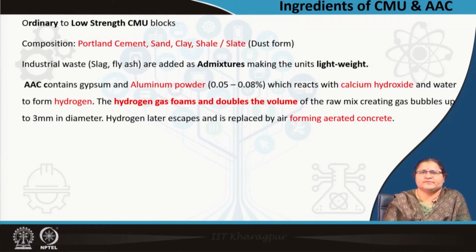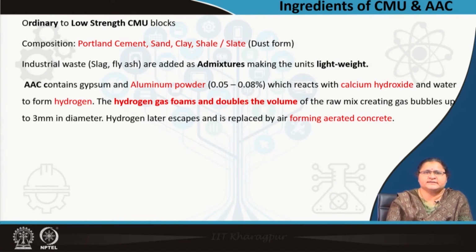You see, it is Portland cement, sand, clay and shale or slate in dust form, which are the basic ingredients, and you can add admixtures which help to make it a little lightweight, that is slag and fly ash, which come from industry. But unlike CMU blocks, you see the composition of autoclaved aerated concrete is quite different.